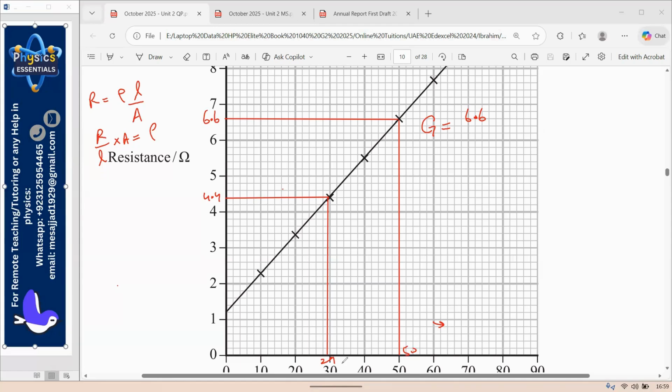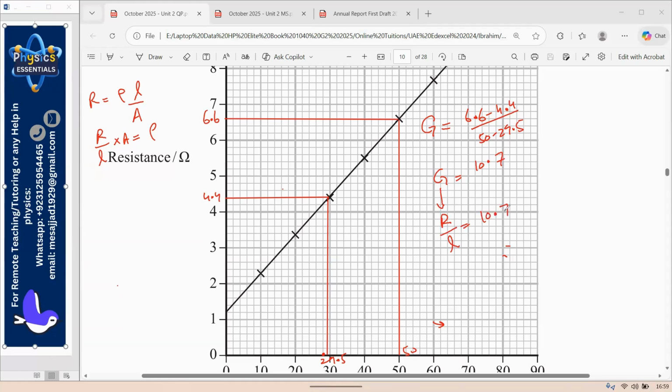Let's take it as 29.5, because this point is 28, so it should be 29.5. Okay, so now my values are these two divided by 50 minus 29.5. Okay, and from here the gradient value is 10.7.